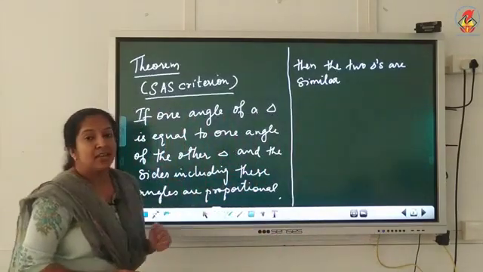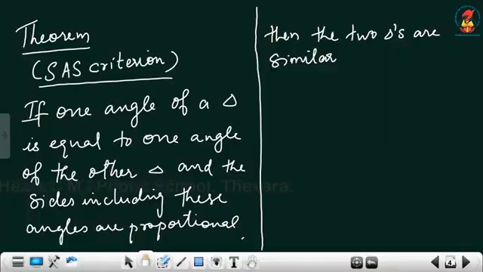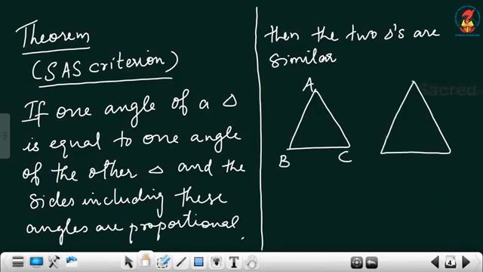Next one is SAS criterion. If one angle of a triangle is equal to one angle of another triangle and the sides including these angles are proportional, then the two triangles are similar. That means consider a triangle ABC and triangle PQR.